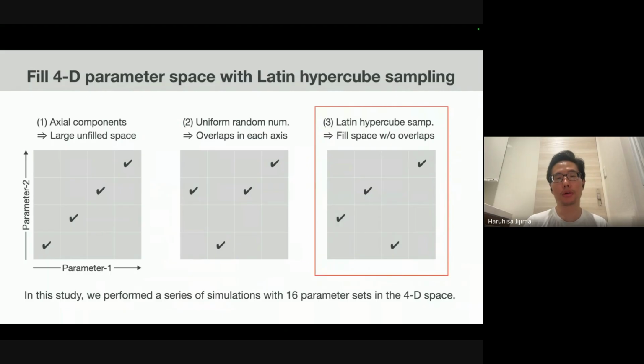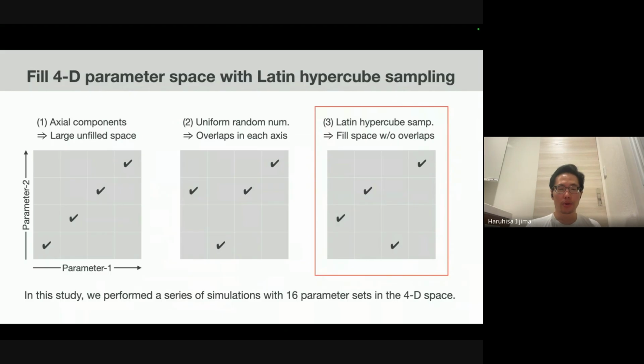And in the middle panel, we can also sample in Monte Carlo or random ways, but it may produce overlaps along each axis. The Latin hypercube sampling avoids the overlaps in each axis, so it is an efficient way to fill the space without overlapping.